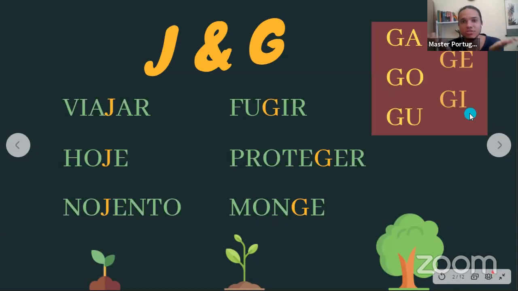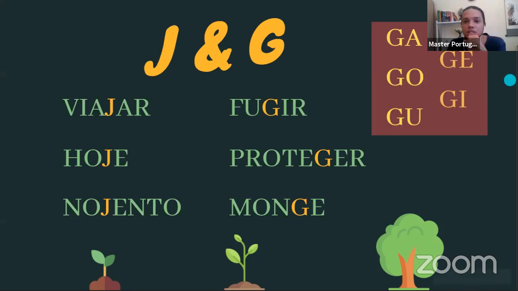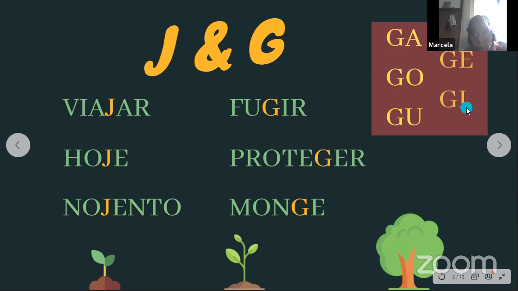So this is very tricky and some students mix them up. So just remember this: A, O, U, ga, go, gu. And if it's E and I, ge, gi. All right?